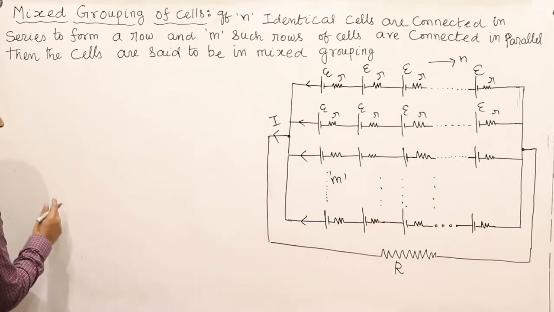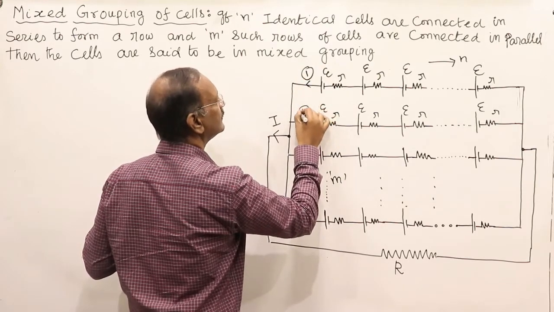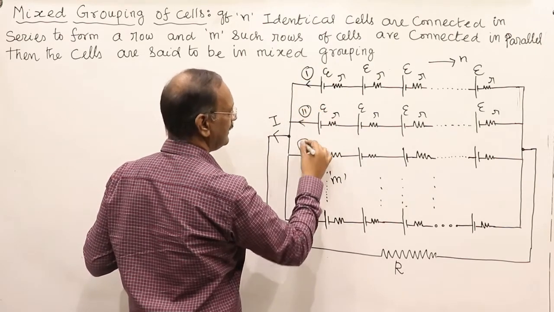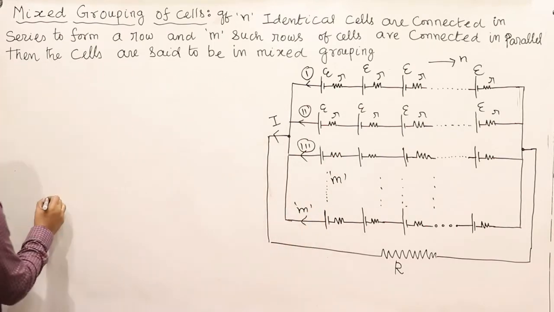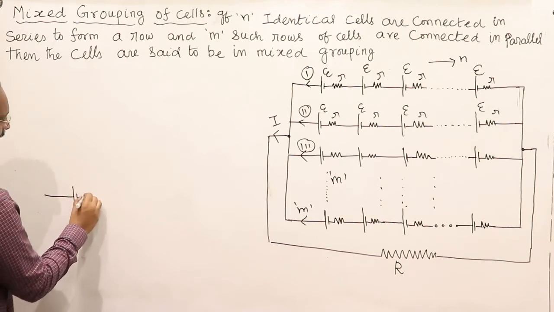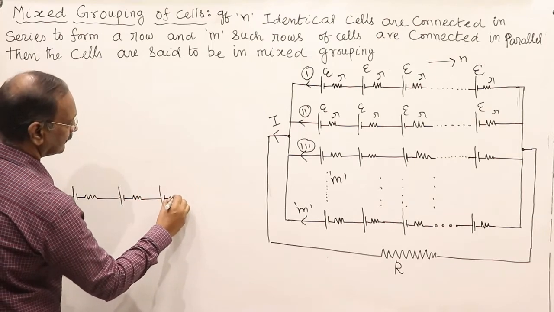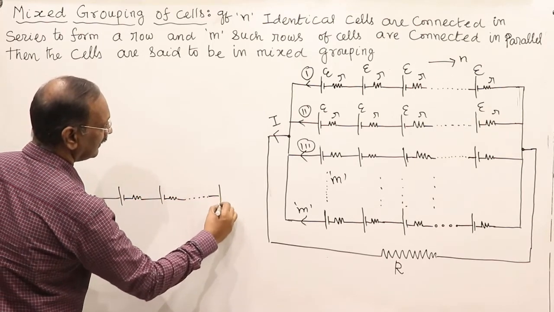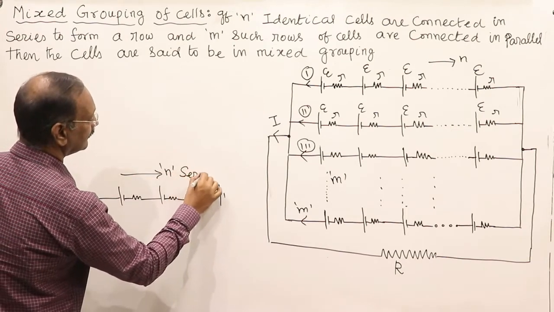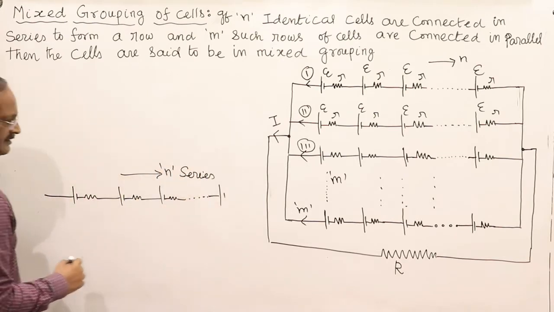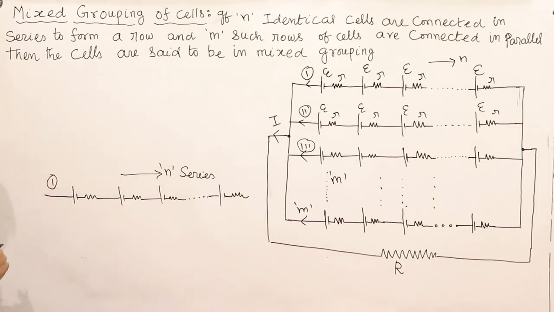Let us take one row. This is row number 1, this is row number 2, this is 3, and the mth row. Let us take row number 1. It has n cells in series. Let us talk about the first row.